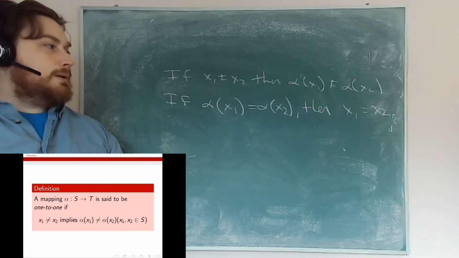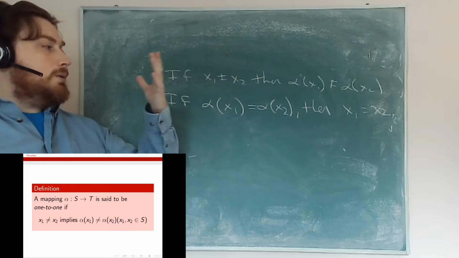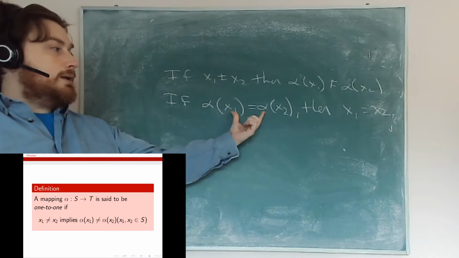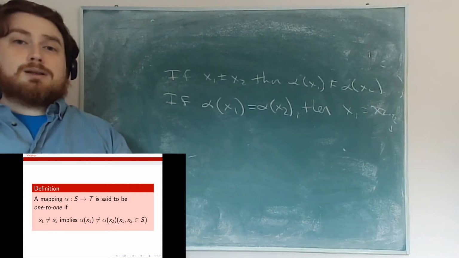So I'm switching the order and negating the statement. When we're showing one-to-one, instead of working with the formal direct definition, we normally work with the contrapositive. We say that if alpha of x1 is equal to alpha of x2, then x1 is equal to x2, and that means our mapping is indeed one-to-one. So what we can do here is assume that the images are the same. We have to show x1 is equal to x2, and we get that our mapping is one-to-one.